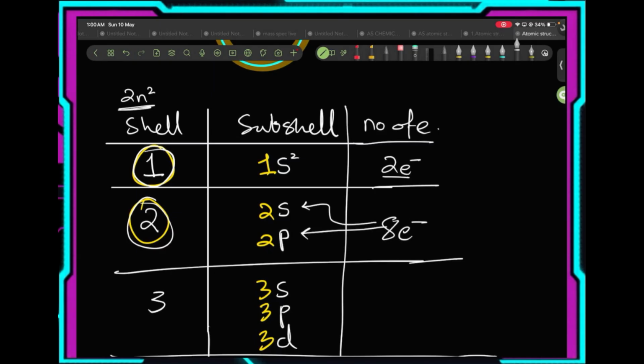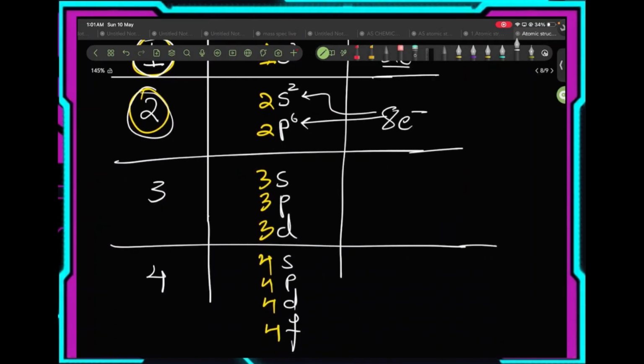Now since the S subshell has a maximum capacity of 2, the remaining 6 electrons will have to go to the next subshell, which is P, and it can accommodate 6 electrons. So how many in total? These two subshells were needed to accommodate 8 electrons totally, right? What about the third shell? The third shell accommodates a total of 18 electrons.